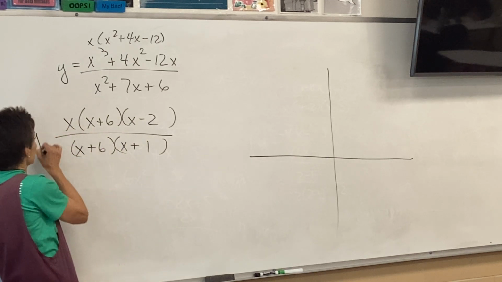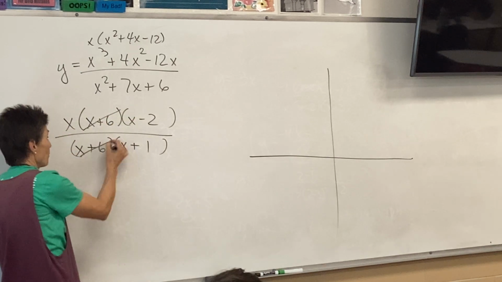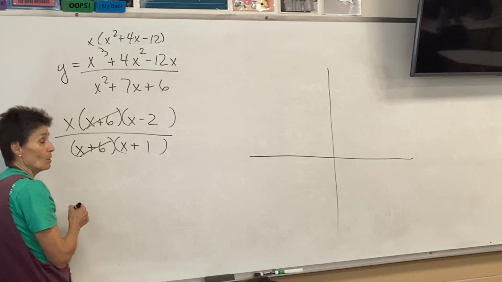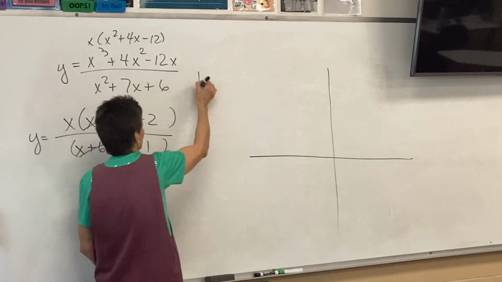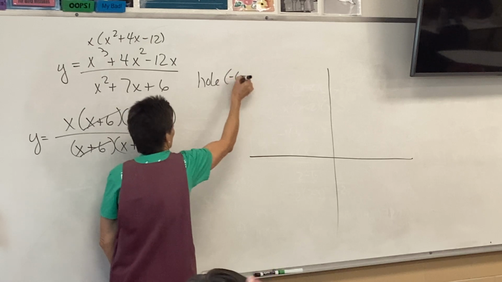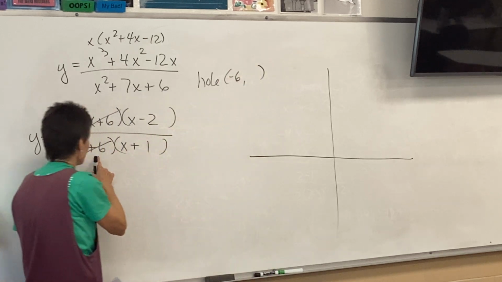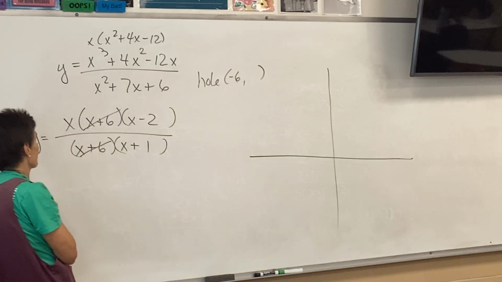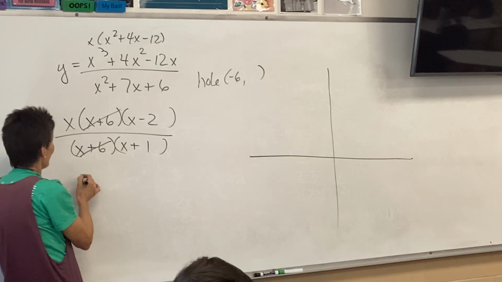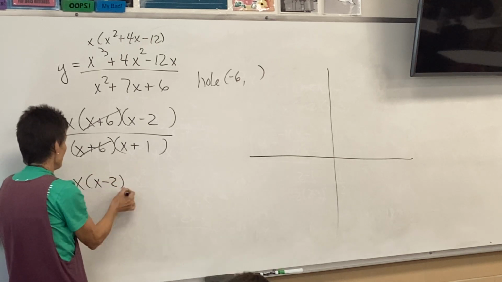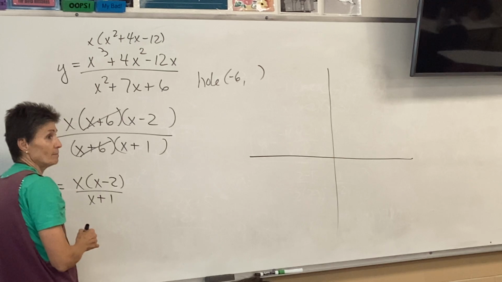Okay, this is joyful good news. Our problem's gonna be smaller now. We are going to have to put a hole in for it, which we'll do here in a second, and it will be at -6. But now I've got x minus 2 over x plus 1.